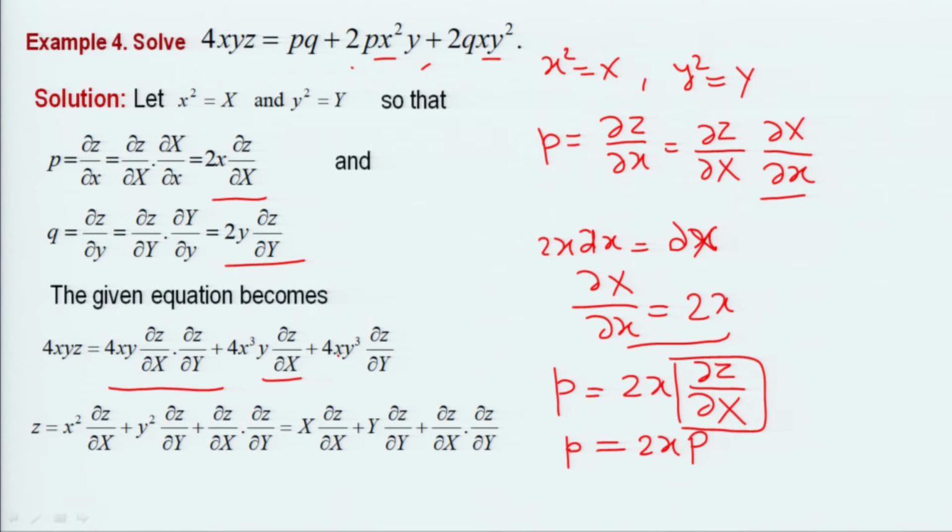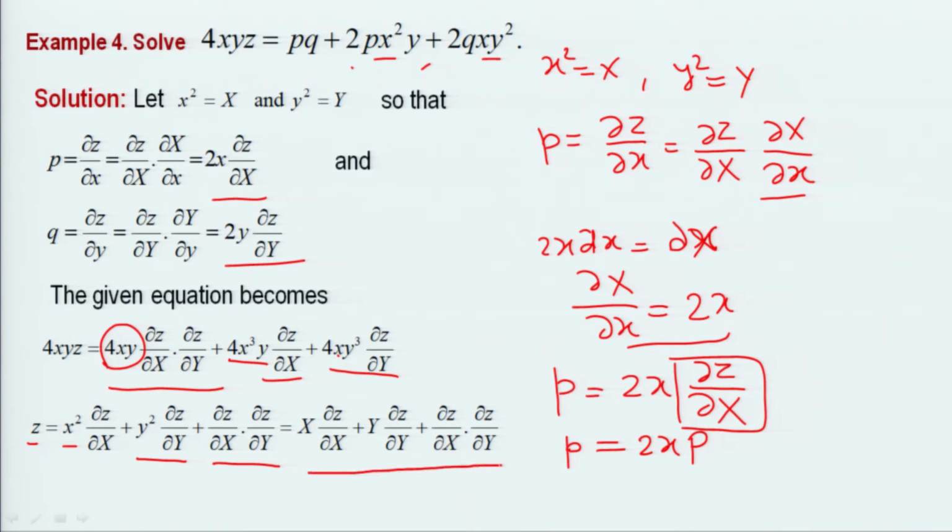Dividing by 4xy we get z is equal to del z upon del X times del z upon del Y, plus x square del z upon del X and y square del z upon del Y.